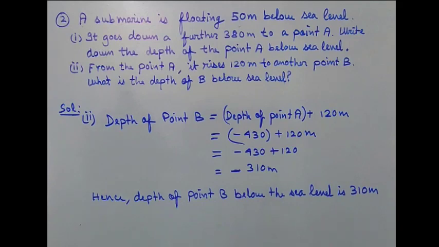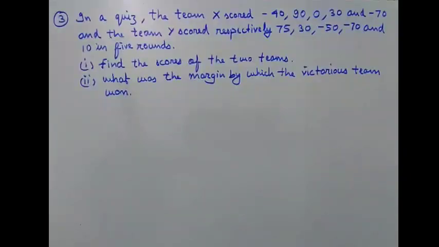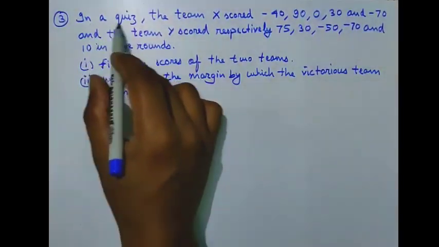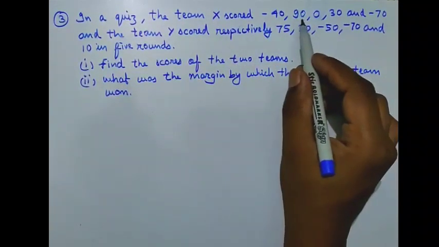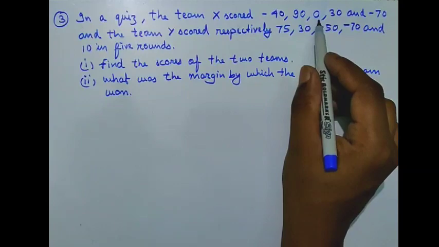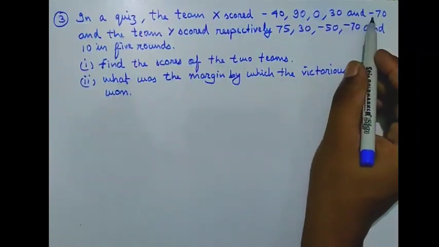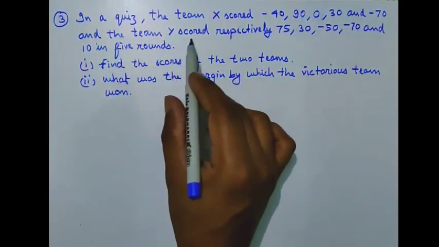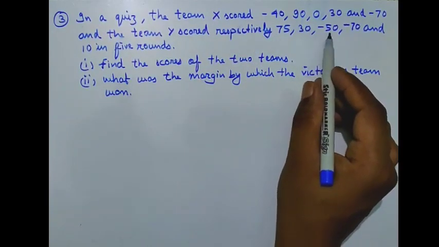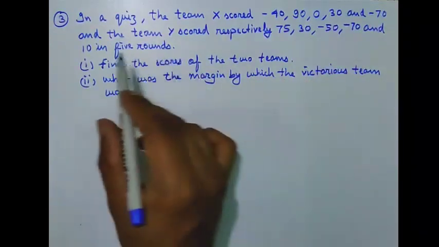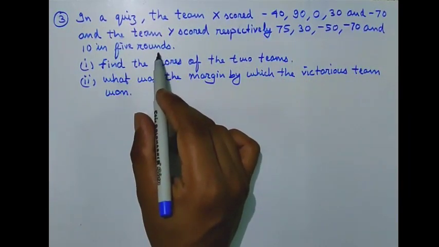Okay, let's move on to the next question. In a quiz, the team X scored minus 40, 90, 0, 30 and negative 70, and the team Y scored respectively 75, 30, negative 50, negative 70 and 10 in 5 rounds.